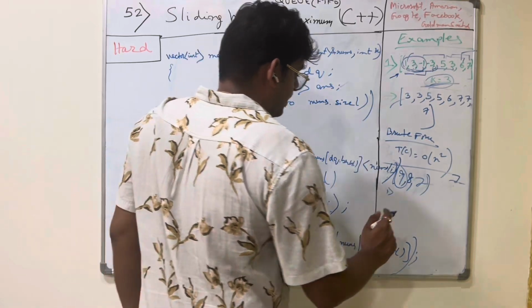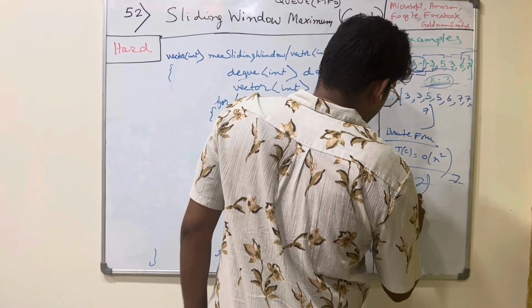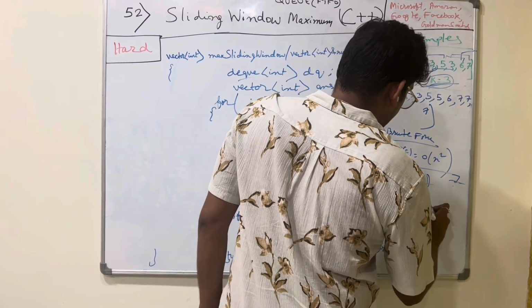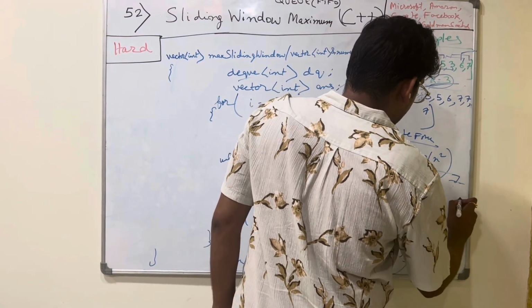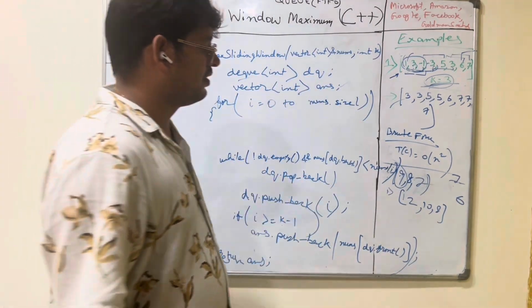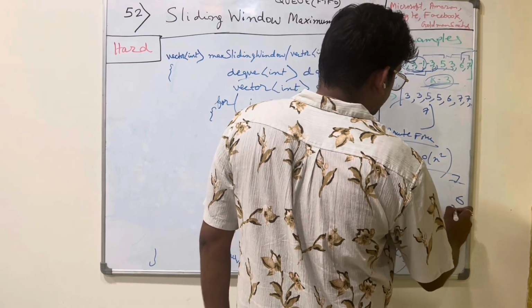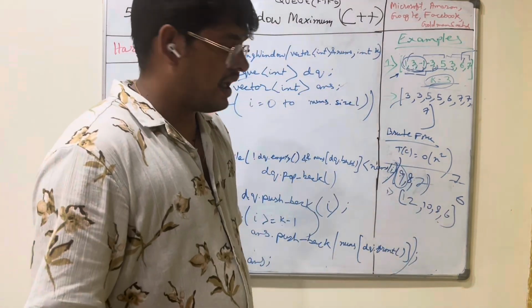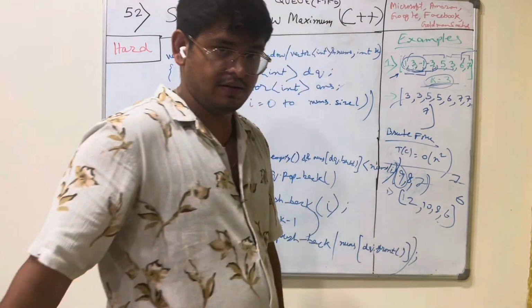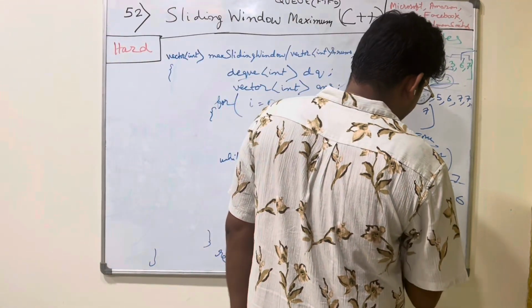Say we have these elements, 12, 10 and 8. And now 6 comes. 6 is smaller than this, so 6 will be over here and we will be returning 12. But already we have 3 elements.